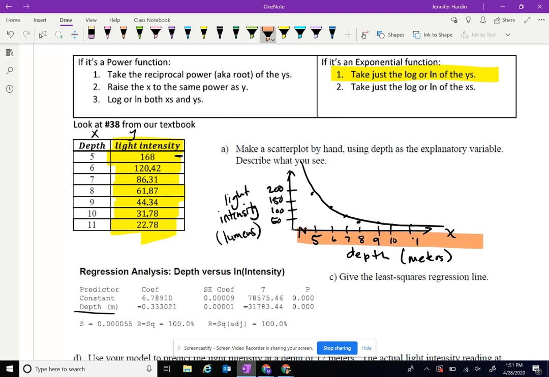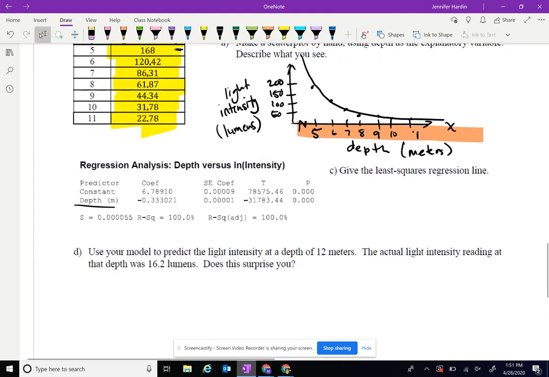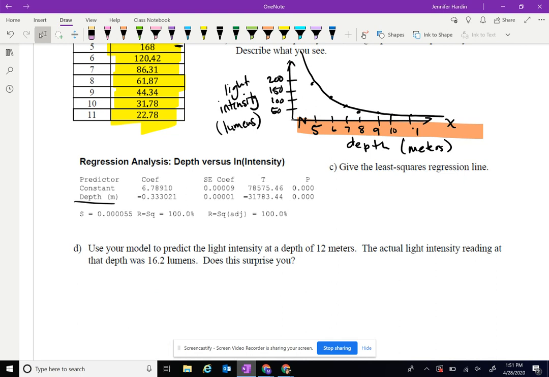It's never going to get negative as you're going down. You can't have negative light intensity. So that's another key factor with our exponential functions: they should have some sort of horizontal asymptote that they're reaching. As x goes to infinity, y is going to 0.